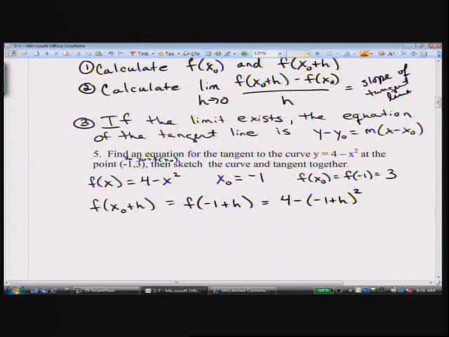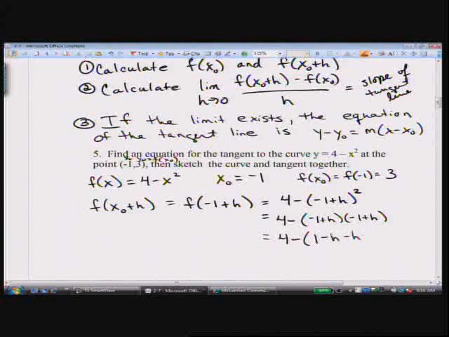And we will simplify this a little bit. This is going to be 4 minus negative 1 plus h squared, remember, is negative 1 plus h times negative 1 plus h. I'm going to try and show as many steps as possible on this problem, but at any point, if you want to cut, you can. All right, so then this is 4 minus negative 1 times negative 1 is 1. Negative 1 times negative h is minus h, times negative 1 is minus h, times h is h squared.